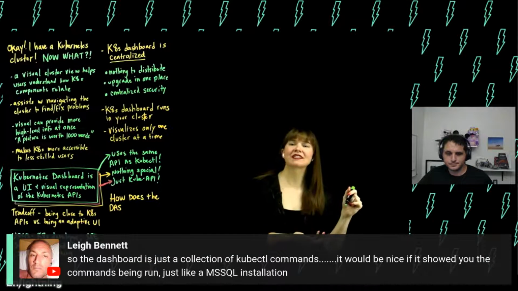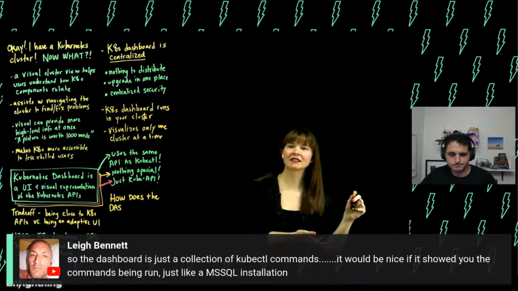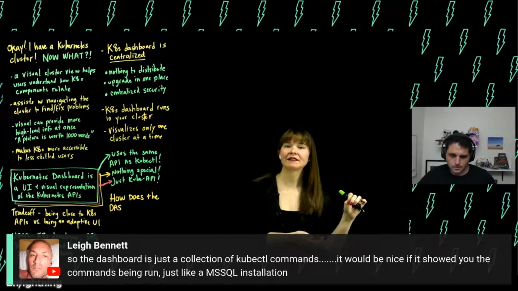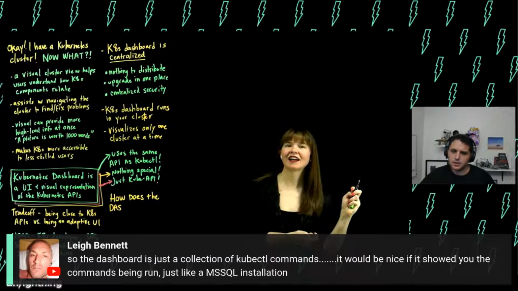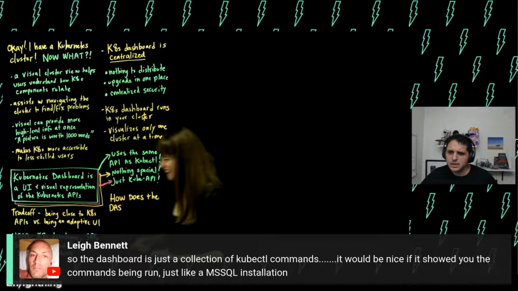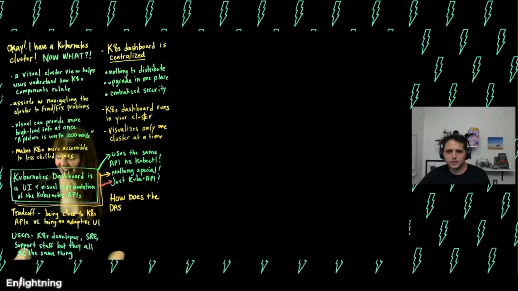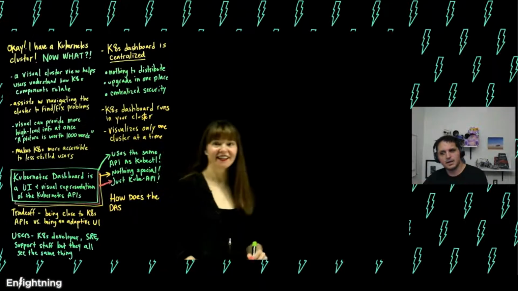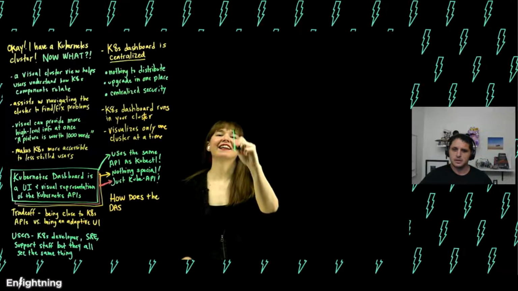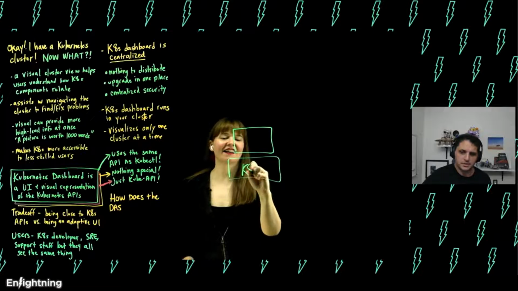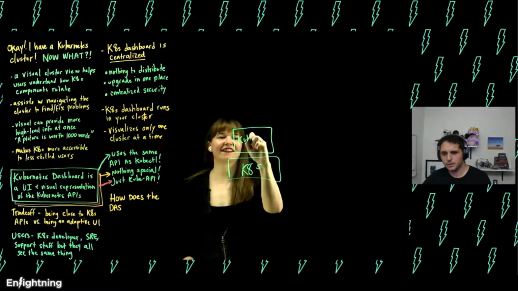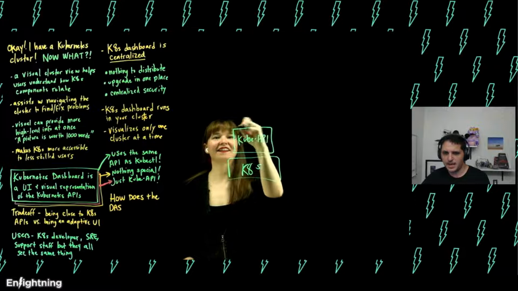So the dashboard is a collection of kubectl commands. It'd be nice if it showed you the commands being run. It's not that it's a collection of control commands, it's that it's using the same API. Kubecontrol is just a CLI interface to the API. There's nothing kubecontrol does that isn't already exposed through the Kubernetes APIs.